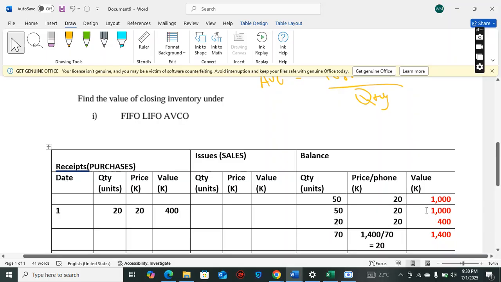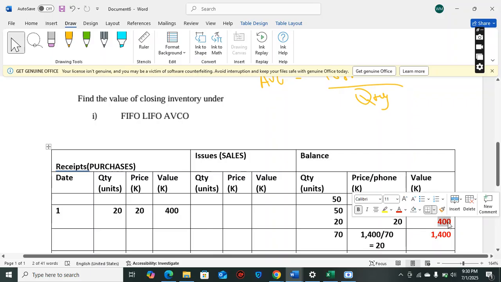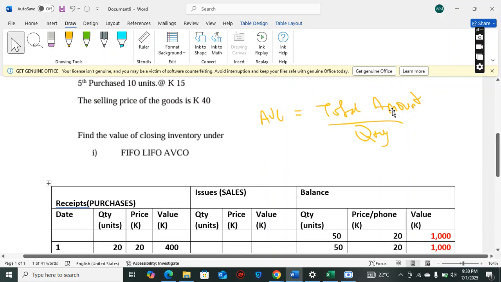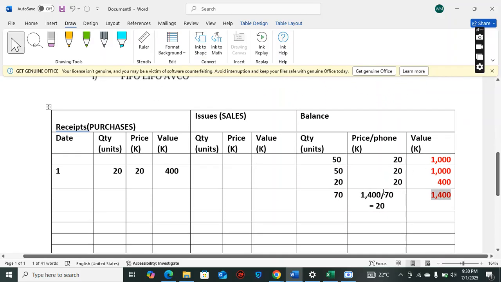Then you add the total value, 1000 plus 400, 1400. Once you've got the total amount and the total quantity, this is how you get your average cost. You just divide.